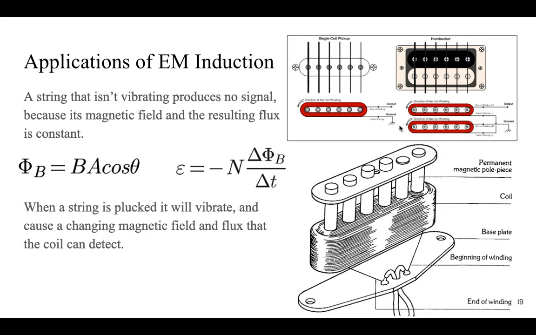Basically, in a clever way, you get these to cancel out any background electronic noise. It's bucking the hum, and that's why these are called humbuckers. So you're only getting the signal from the vibrating strings, and it's not picking up the electric noise from all the 60 hertz devices we have in our house, and any other electronic noise like that. But yeah, that's how the pickup on an electric guitar works.